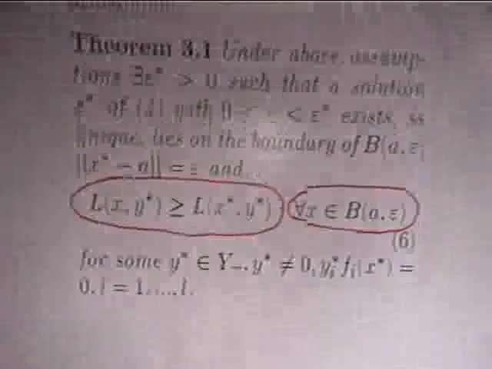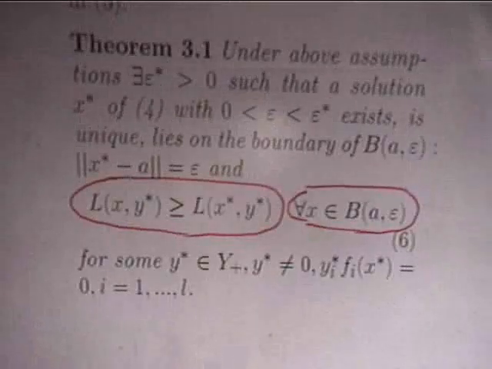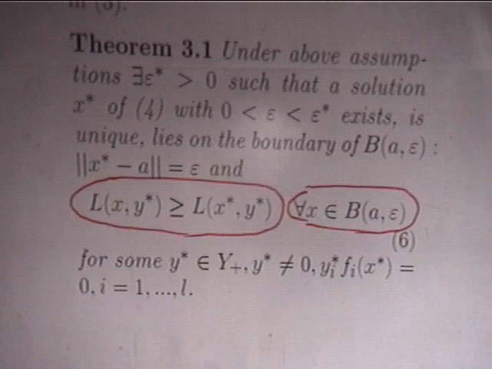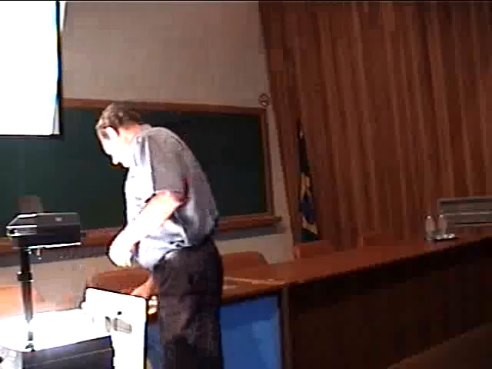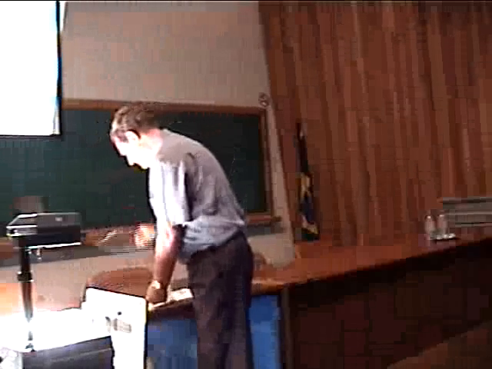And it's under the assumption that the radius of this ball, which is the extra constraint, is small enough. Okay, we can say more.